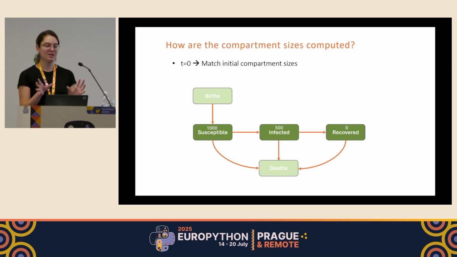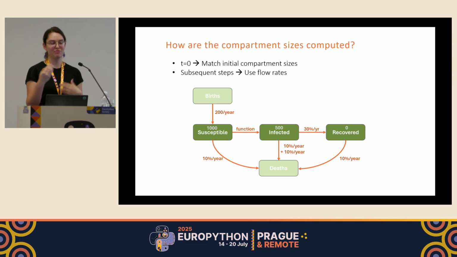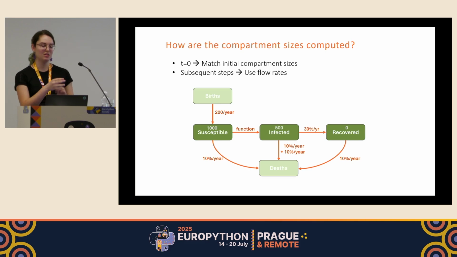So it's just going to take those initial data points exactly for the compartment sizes, but then for the subsequent time steps, the model is going to use the flow rates to compute the change in the number of people in each compartment at each time step. So it's just going to use these functions and rates to integrate those changes.